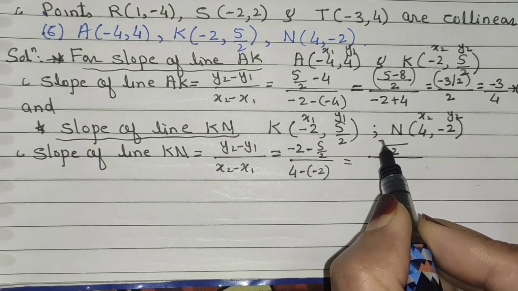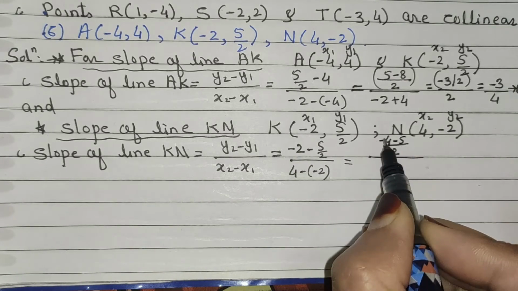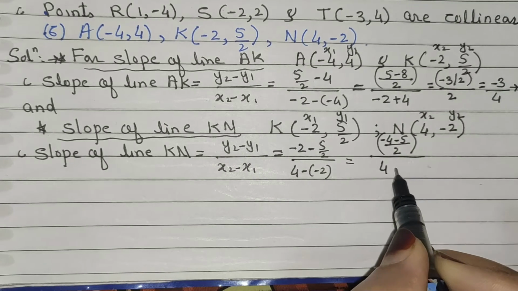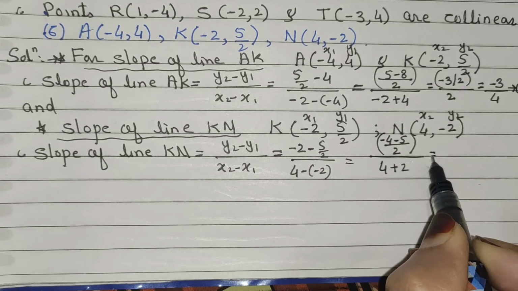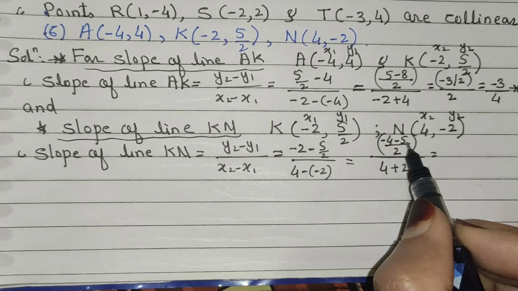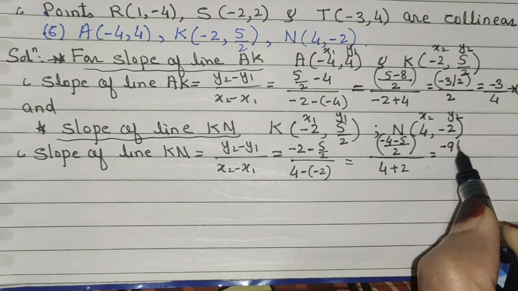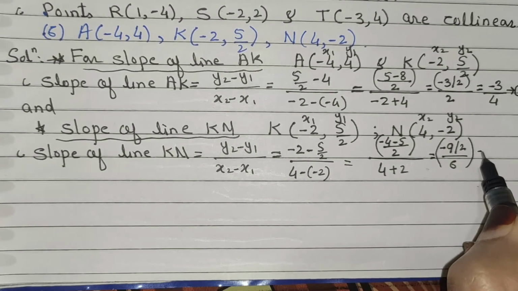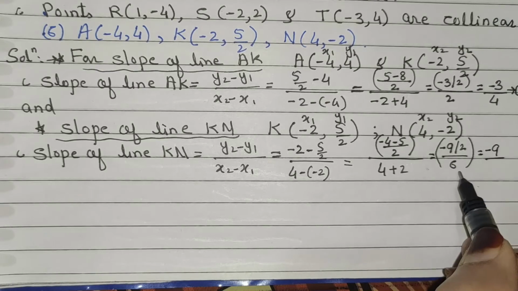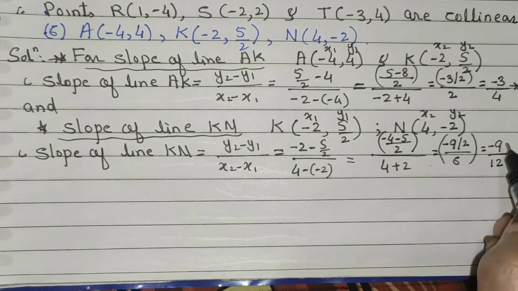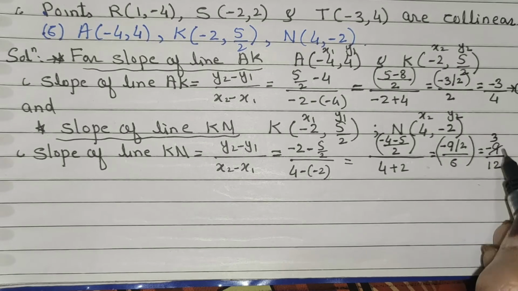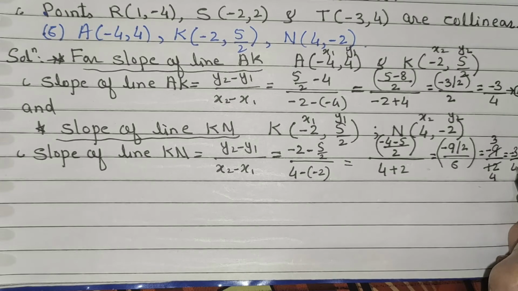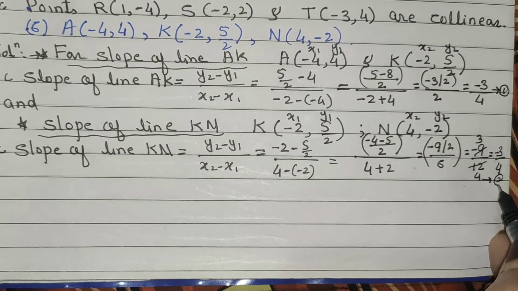Minus 2 into 2, minus 4, minus 5 upon 4 plus 2. It can be written as minus 4 minus 5 means minus 9 upon 2 upon 6, means minus 9 upon 12. Cancel it. 3 threes are 9, 3 fours are 12. Therefore we get here minus 3 upon 4. Now give it equation number 2.